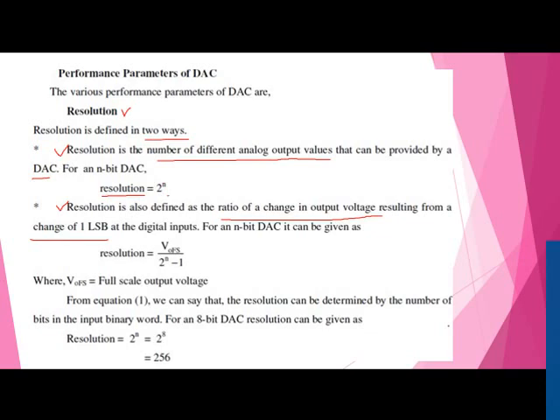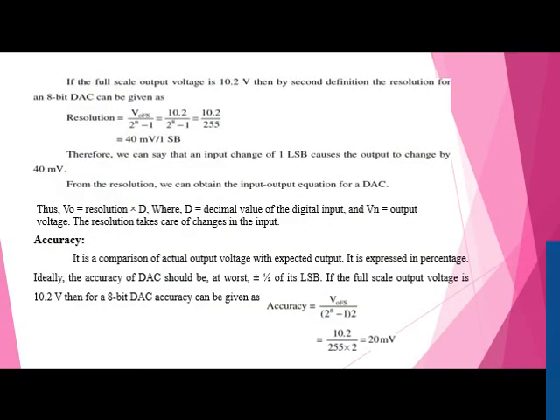From this equation we can say that the resolution is determined by the number of bits in the input binary word. For an 8-bit DAC, resolution equals 2 raised to n, which is 2 raised to 8, that is 256. Suppose the full scale output is 10.2 volt.